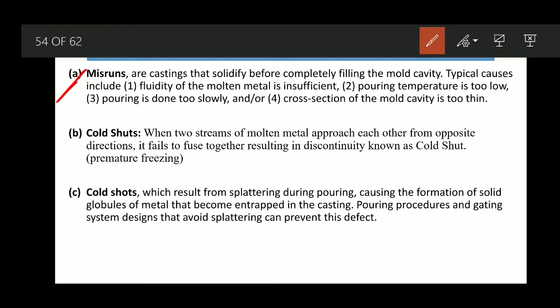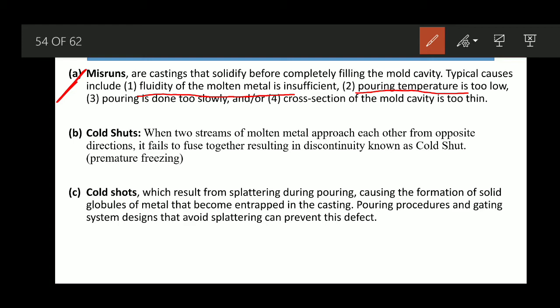Okay, and what are the typical causes of this Misrun? Sometimes the fluidity of the molten metal with which we are working may be insufficient. That means it cannot go to all the nooks and corners of the mold cavity we have. Sometimes the pouring temperature may be too low, so once again the fluidity might be hampered, and the metal may solidify before even reaching the farthest position or the nooks and corners of the mold.